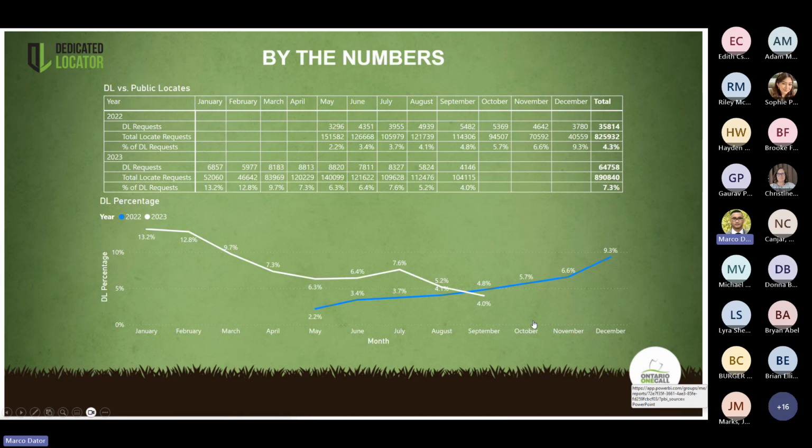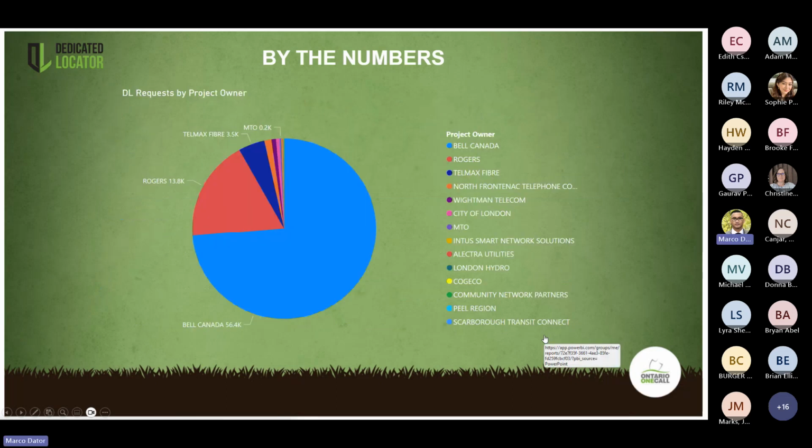That is the percentage coming through under the DL front. Once again, as on the previous slides, with the seasonal dip and the telecoms winding down and scaling back on their projects, we're seeing this take effect in the numbers between public and dedicated locator.